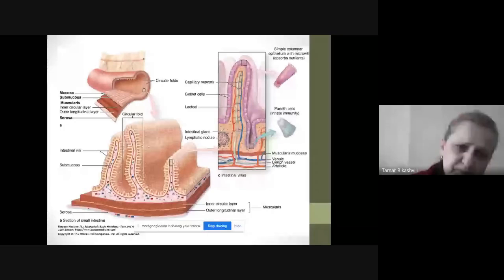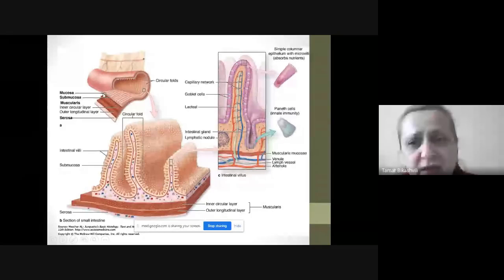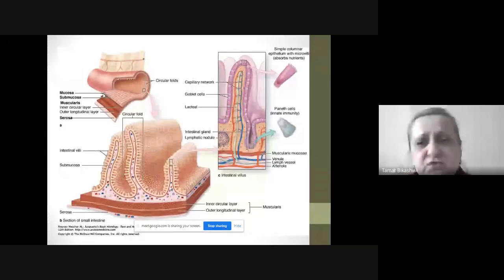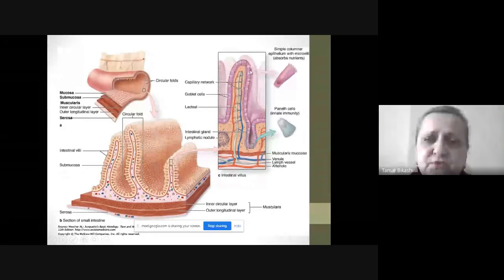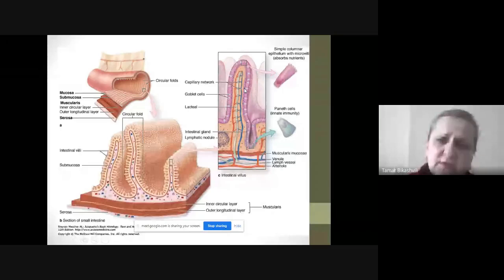Then the epithelial lining with lamina propria forms another specific structure, the villi. I think you also know this structure. Epithelial lining with lamina propria forms the villi, and then also the simple columnar cells on the surface have additional specific protrusions, the microvilli.